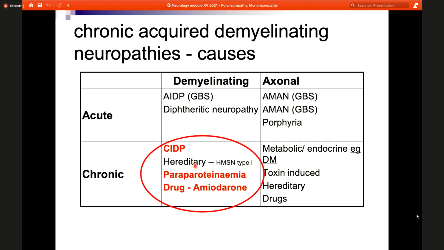Will you believe that there is a sports person who has hereditary demyelinating neuropathy and went on to win medals, and he was the best so far in that country, who has won the largest number of medals, and he went unnoticed.